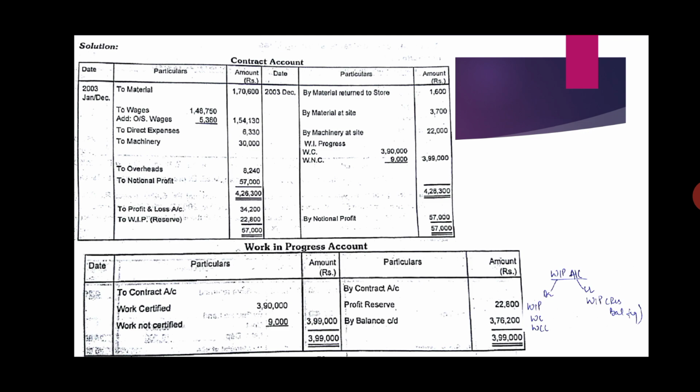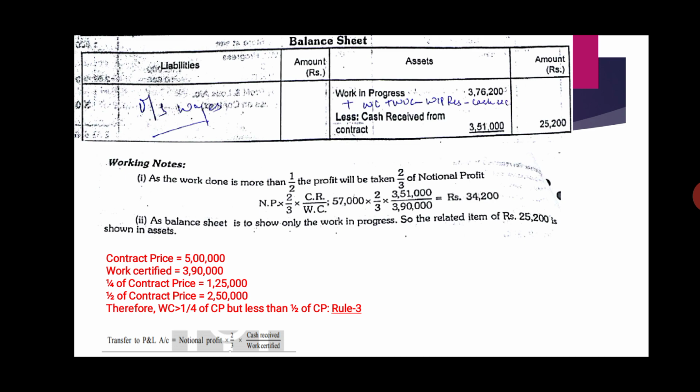Next, what we write under the contract account is work in progress as work certified and work uncertified, given in the question directly. So notional profit is 57,000, a balancing figure, which we bring down and distribute in terms of WIP reserve and P&L account. Now see the working highlighted with red.